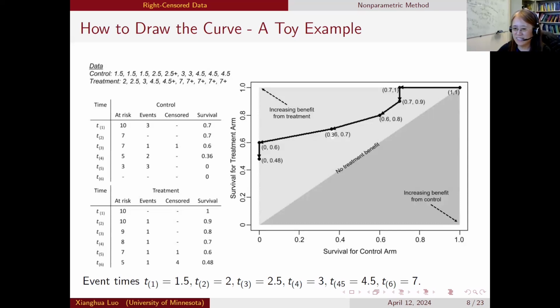So, Xianghua, may I understand the curve from the perspective that you are really using a composite function of S0 and S1? Because we understand that the area under the survival curve is the concordance probability of two survival times, the survival time for the treatment group and the survival time for the control group.